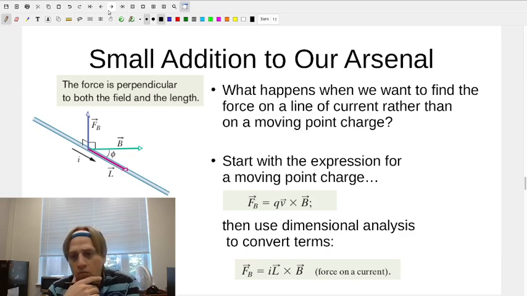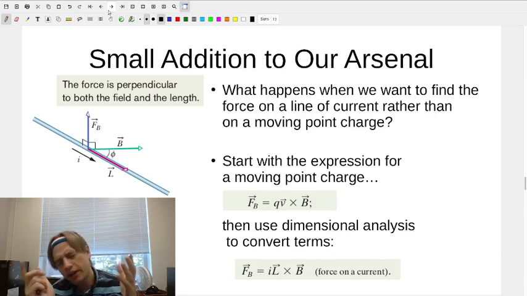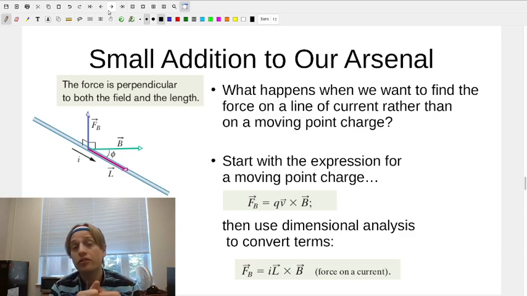Now, we've already talked about how magnetic forces can pull on charges that are moving. But now I ask you to get a little philosophical with me. What is a current but a charge that is moving? So this moving charge is a current.